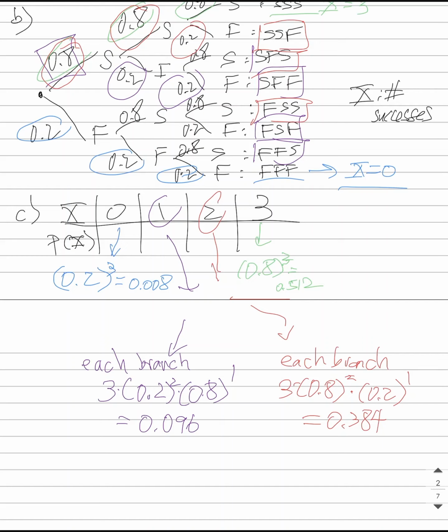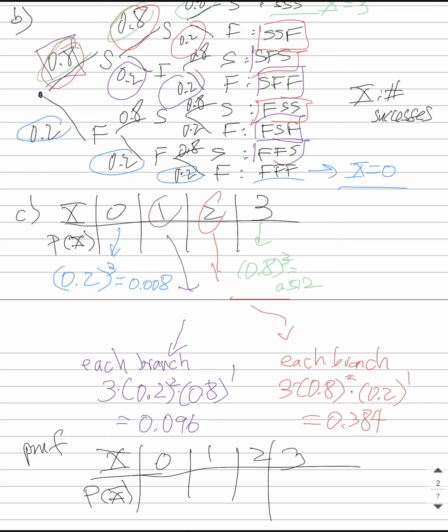And so what we have done is we have now constructed this probability mass function. So it's a table, and this table is easily constructed. We'll have 0, 1, 2, 3, and we can plug in all of these numbers: 0.008, 0.096, 0.384, 0.512.